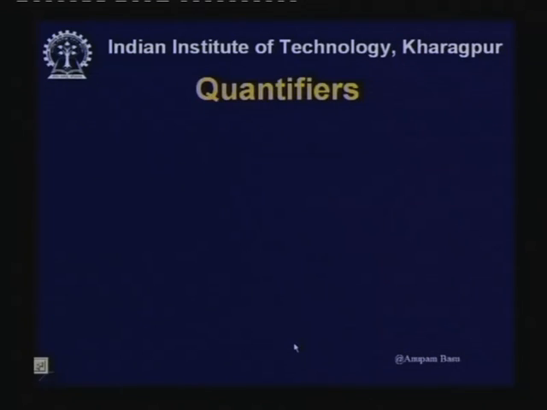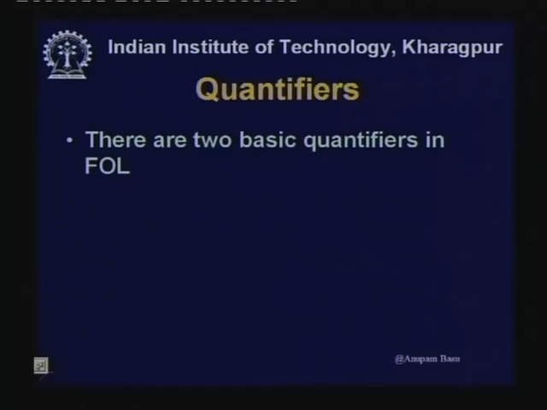Okay. Now, we have said that predicate logic allows you to have variables, and in addition to variables there is another thing that predicate logic has introduced, and that is called quantifiers. Now, there are two basic quantifiers in first order logic or predicate logic. For all, which is denoted as this upside-down V, a V with a horizontal line across it.